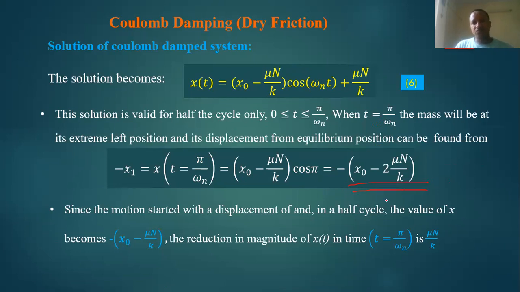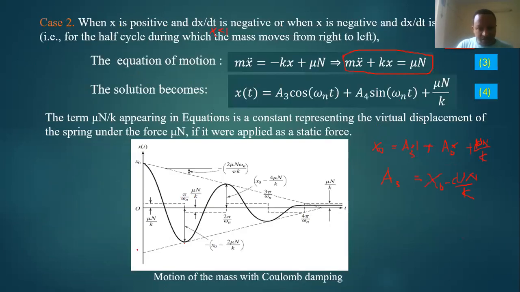We can get this equation for the first x1 in the downward direction. This minus indicates the downward direction. So minus x naught minus 2 mu N over k. This is x1, the first x1.